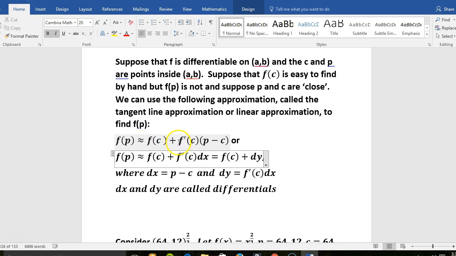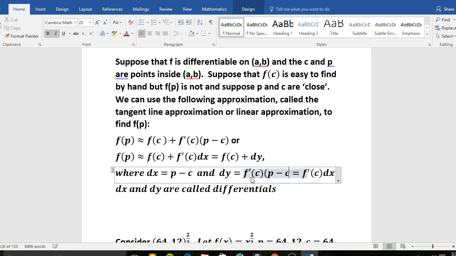Okay, now here's the deal. Sometimes we get lazy, and instead of writing f prime of c times p minus c, we prefer to call it dy. Dy is f prime of c times p minus c, and I'll insert that in here just to avoid confusion.